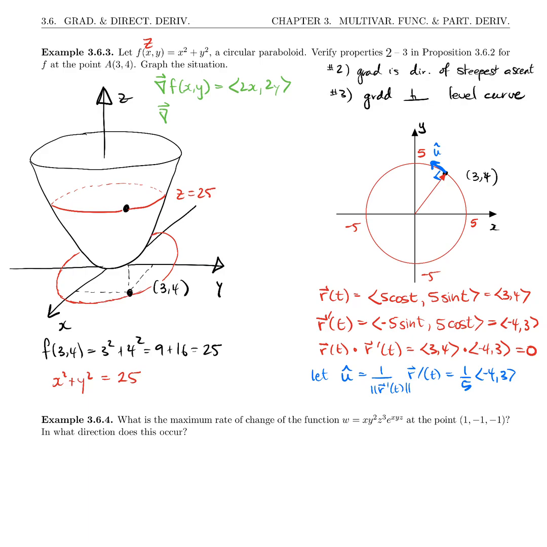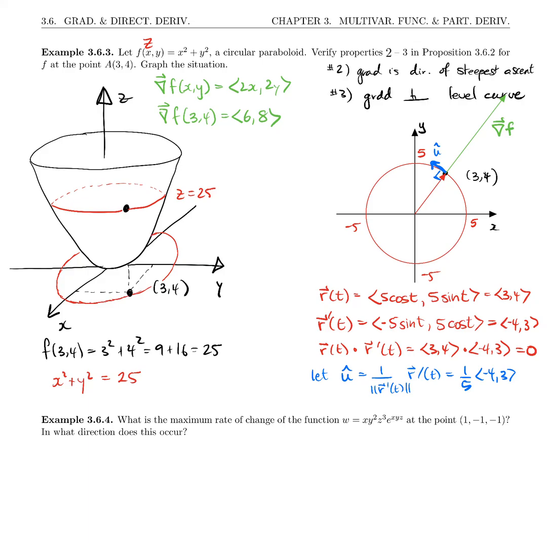At the point (3, 4), we're going to have the vector (2 times 3, 2 times 4), which is (6, 8). So if I graph that vector also at the point (3, 4), you'll notice (6, 8) is 2 times the radial vector. So it is parallel to that radial vector and twice as long. So there is our gradient vector.